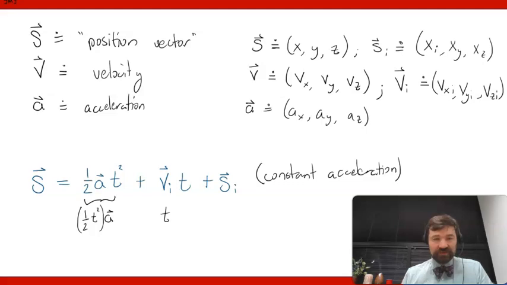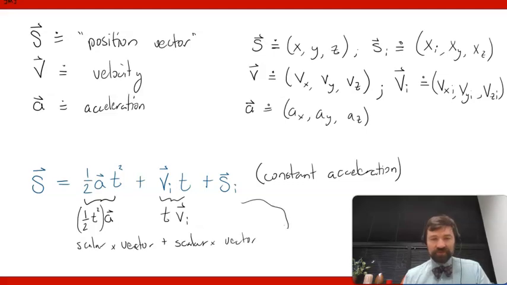This could be t times v initial right here. So scalar times vector. Initial position just is a vector, but if you want to call it scalar times vector, it's 1 times, the scalar is 1. So you have scalar times vector.